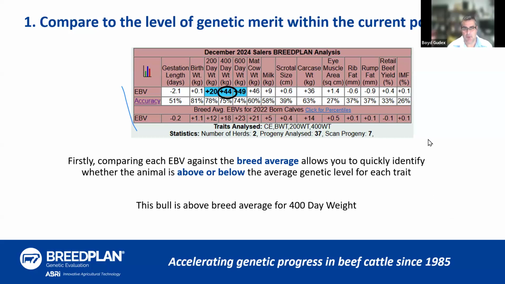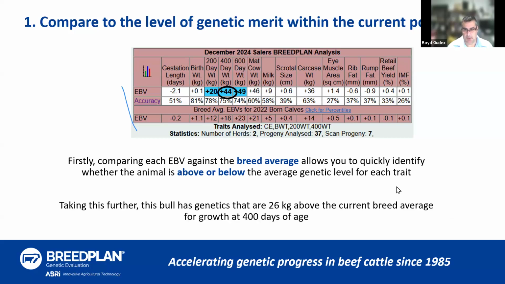So in this case, we've got an animal that's plus 44 for 400-day weight. The breed average is plus 18. So we can quickly see that he is above breed average for 400-day weight. Taking it further, we see it's actually 26 kilos above the current breed average for growth at 400 days weight.